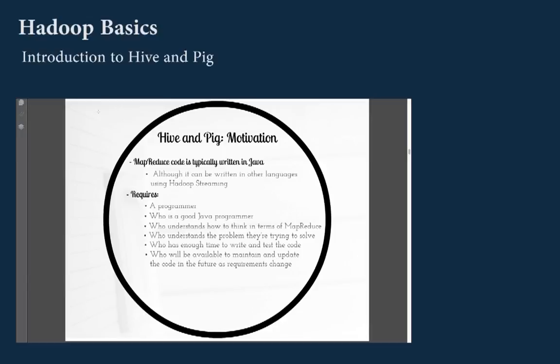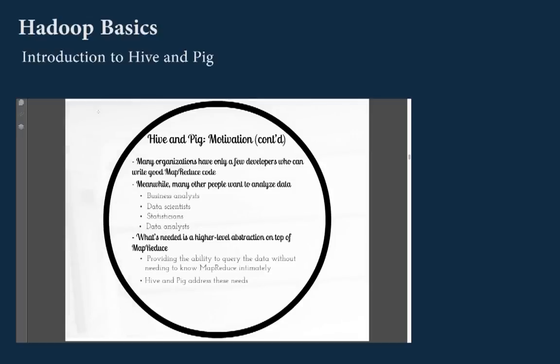Now, finding MapReduce developers is certainly a challenge for a lot of organizations. On the other hand, organizations have a lot of other people in terms of business analysts, data scientists, statisticians, and data analysts. So many organizations have only a few developers who can code MapReduce, while many other people want to analyze data, as we've seen.